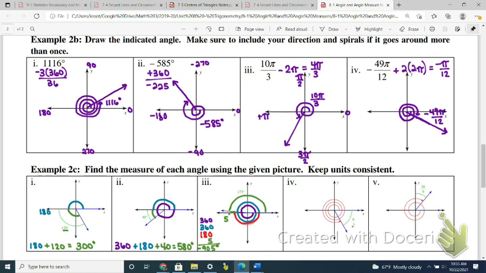Okay, this one you'll notice we have something in radians, so we are going to do everything in radians. So I find out my complete circles. I have one complete circle, so that's 2 pi. I have a second complete circle, that is another 2 pi.